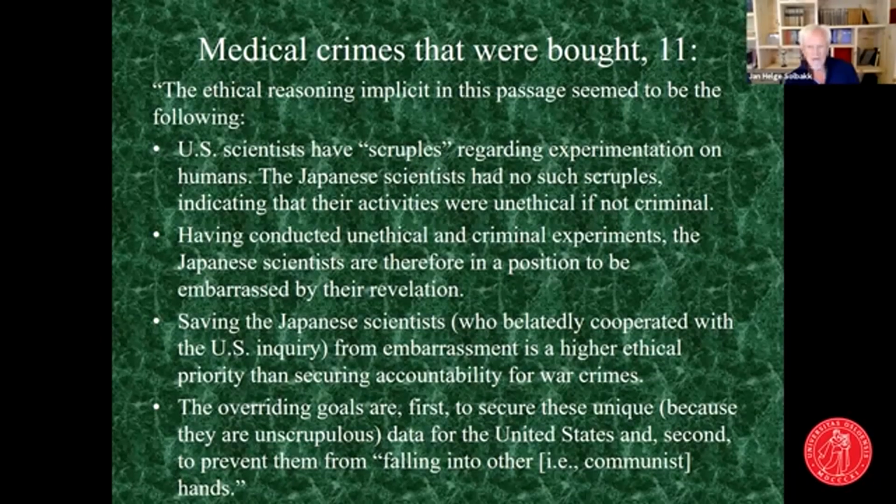in many ways even worse, the US authorities decided the results of these unscrupulous experiments are of such an important scientific value for us, because many of these horrendous experiments were of relevance for biological warfare.